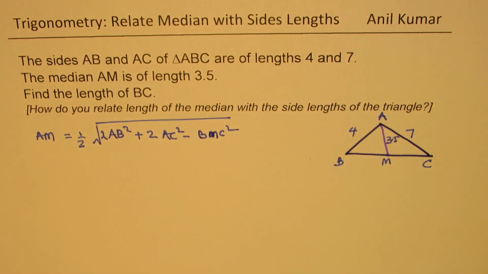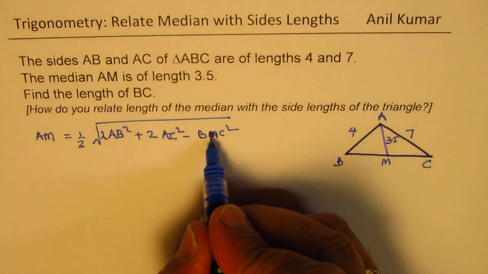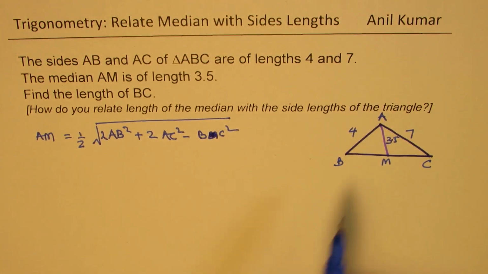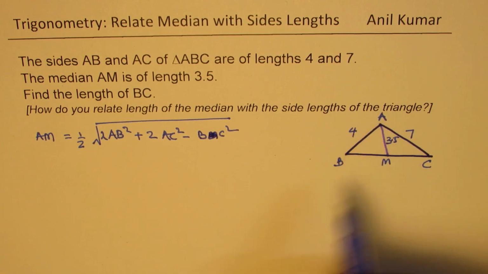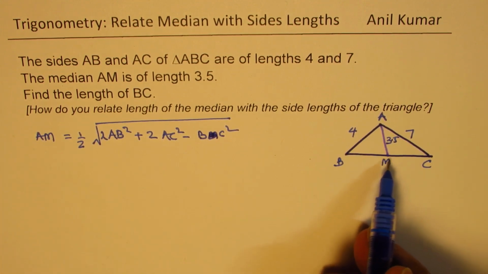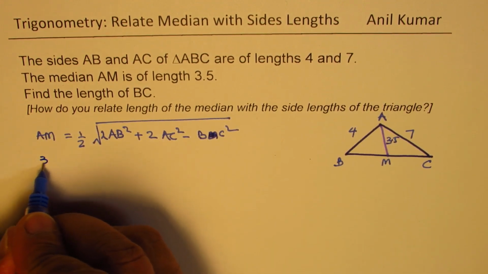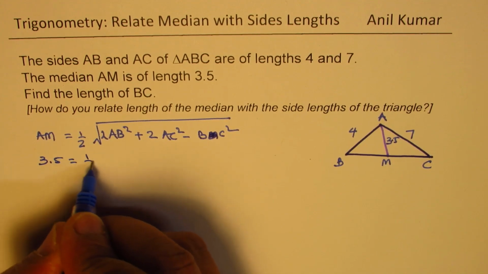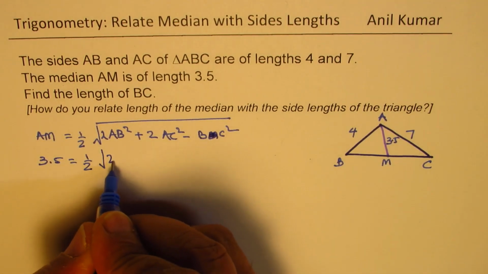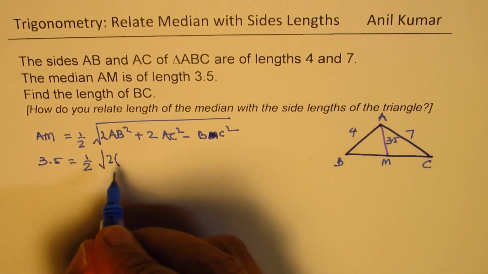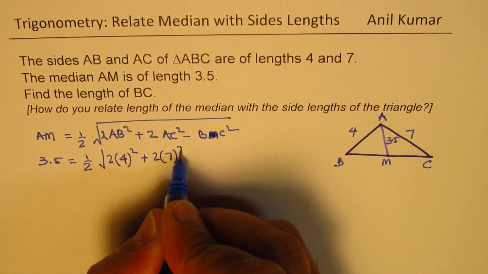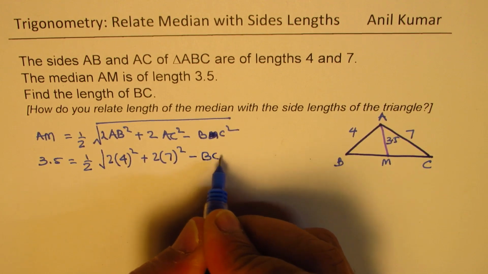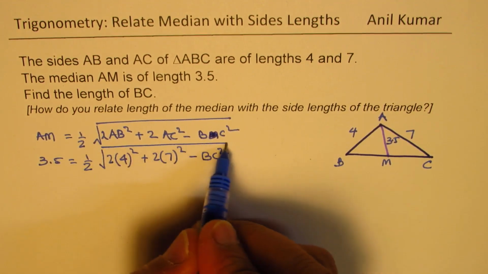BC square is the side which we want to find. We know all other things. AM is given to us as 3.5, equals half of the square root of 2 times AB, which is given as 4 squared, plus 2 times 7 squared, minus BC square, which we need to find.